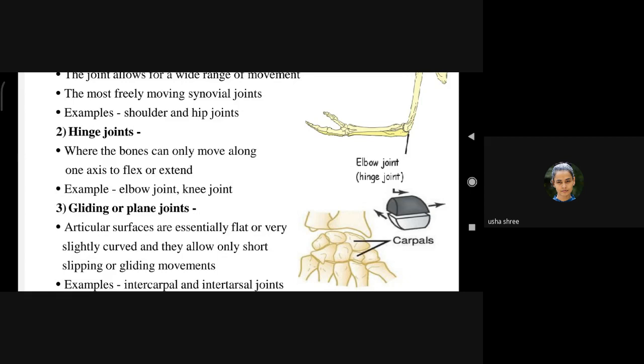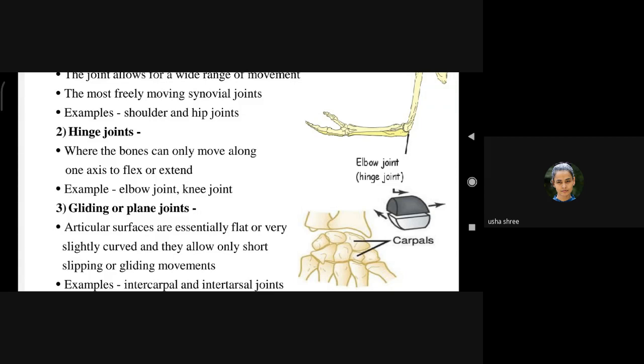And the same thing in our arm, we can only move our lower arm forward. We can't move it backward because our elbow is structured that way only. So this is the hinge joint.